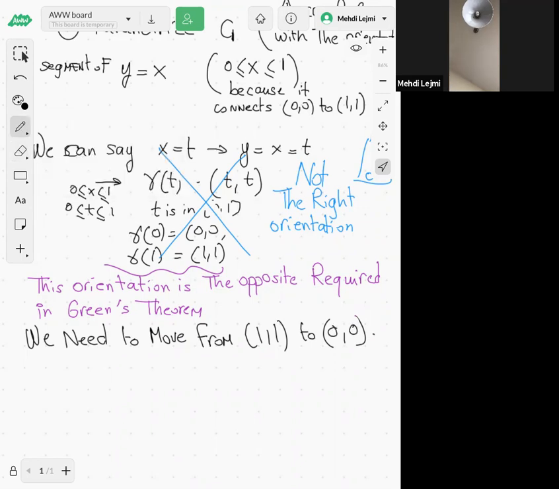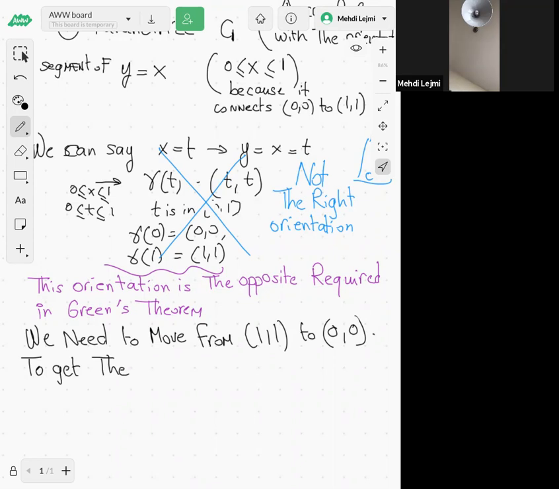Now, guys, in general, if you want the opposite orientation, all you have to do is take 1 minus t instead of t. That will give you the opposite orientation, because if t is 0, it gives you 1, and if t is 1, it gives you 0.